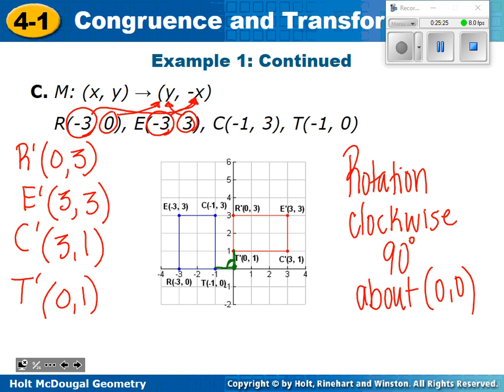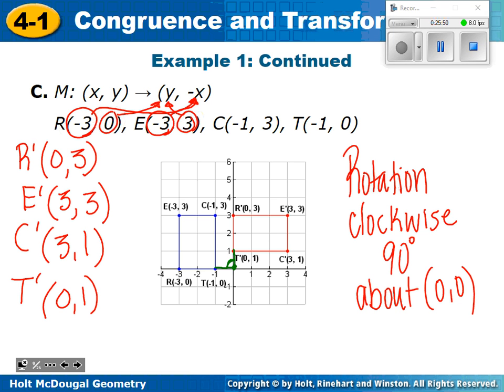So notice if only one variable changes sign, it's a reflection, either across the x-axis or across the y-axis. But if they both change sign, x, y arrow, to negative x, negative y, then you've done a rotation.